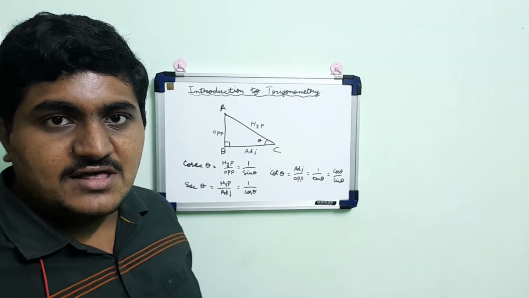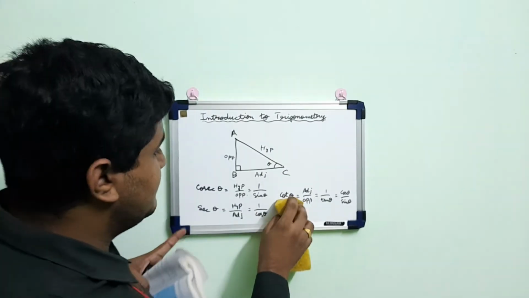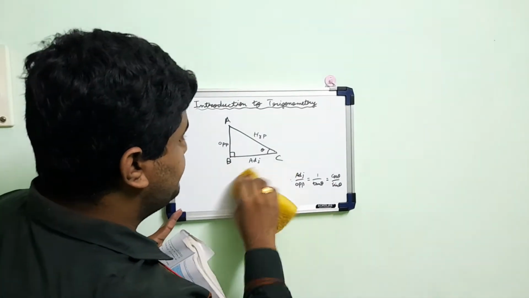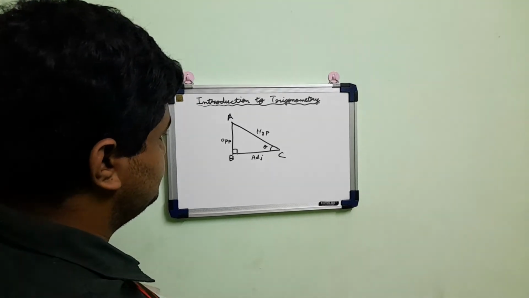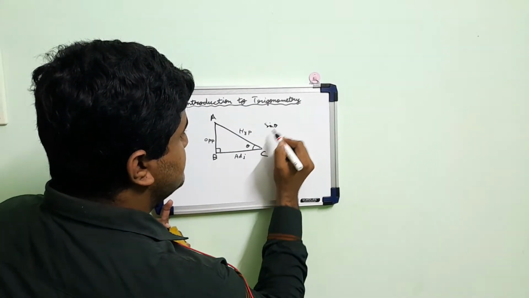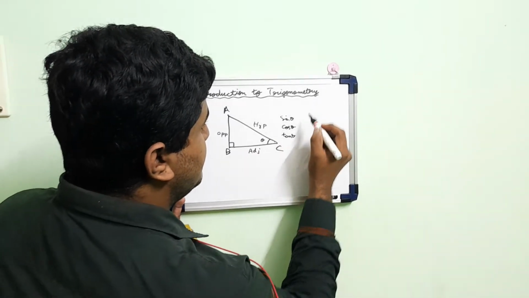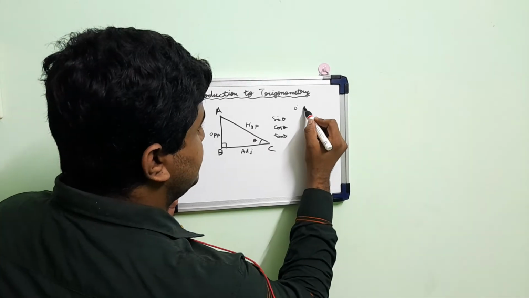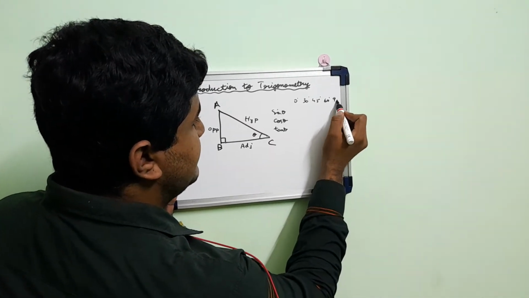We should be thorough with these angle values. So for sin theta, cos theta, we will write all the trigonometric ratios and their values for the various angles.